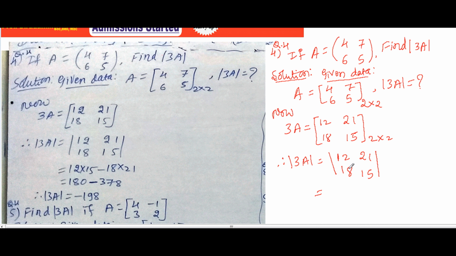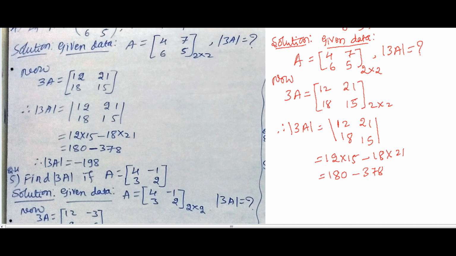So that is 12 into 15 minus 18 into 21. 12 into 15 is 180. Minus 18 into 21, it is 378. Then after subtraction, the determinant of 3A comes out as minus 198.